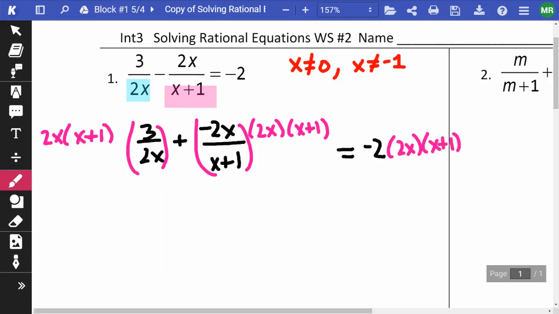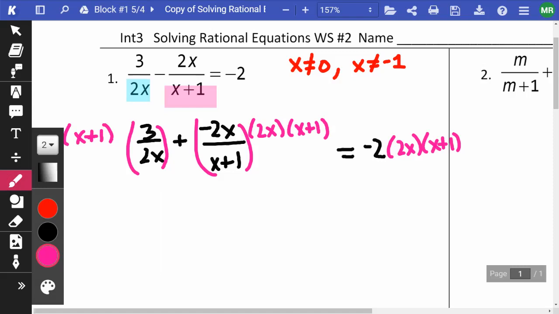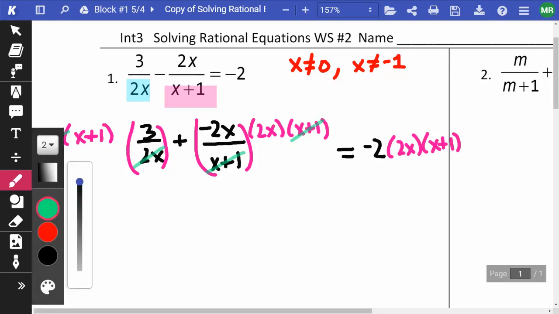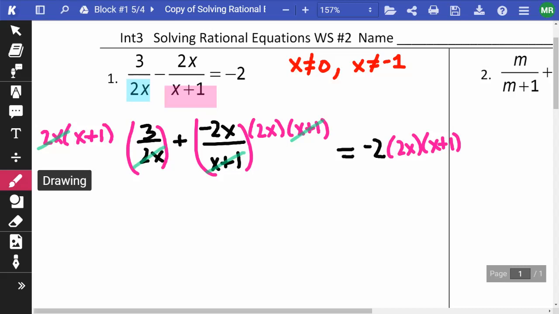And hopefully we should have some things cancel out. So looking at this, it looks like this 2x and this 2x will cancel out. This x plus 1 and this x plus 1 will cancel out. So when I do that, my 3 is going to multiply with both of these. So I'm going to get a 3x plus 3.